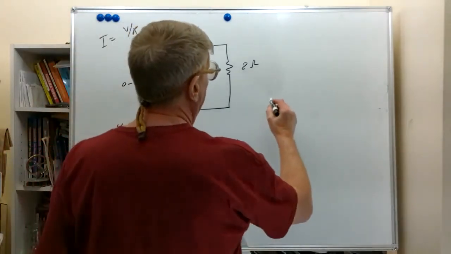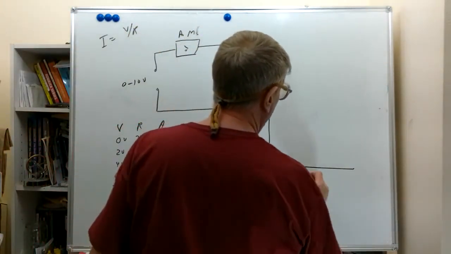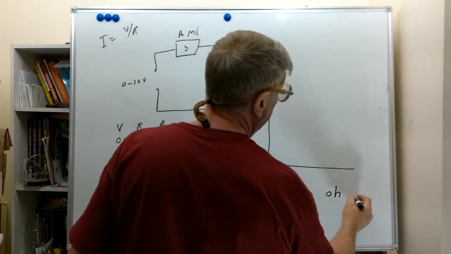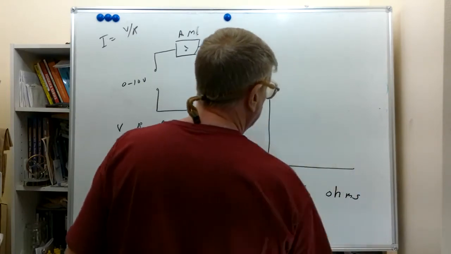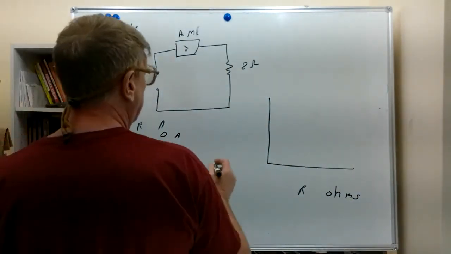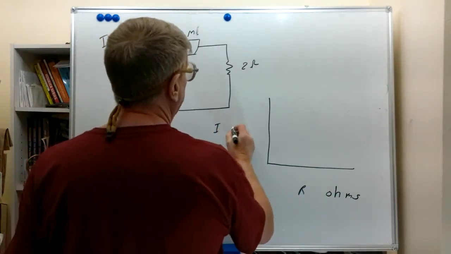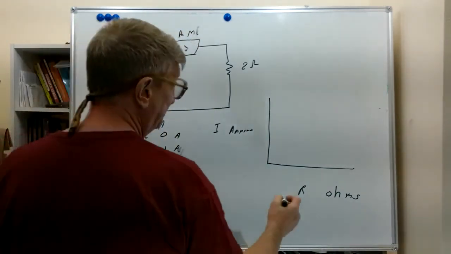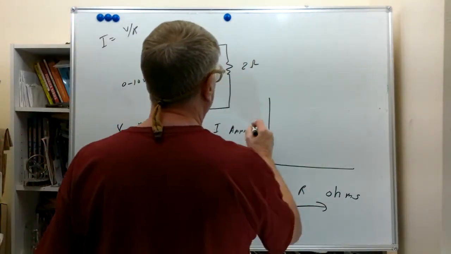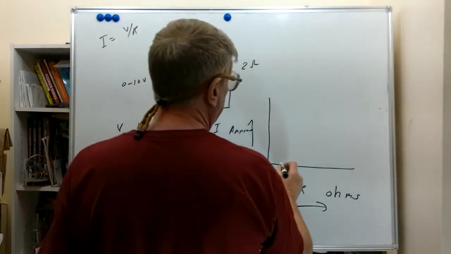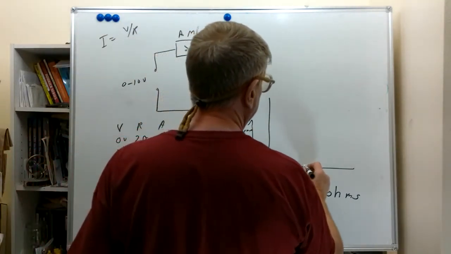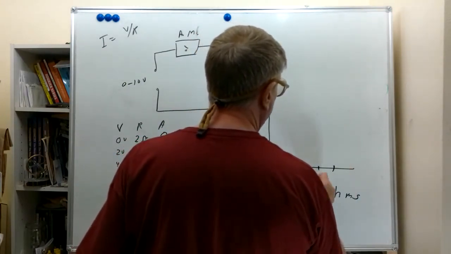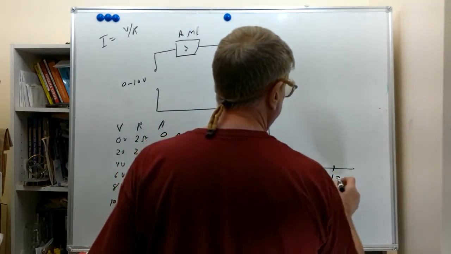We're going to draw this little graph over here. We're going to put resistance in ohms on the horizontal axis, and we're going to put current in amps, in amperes, on the vertical axis. So we're going to put some markings 2, 4, 6, 8, and 10 ohms.